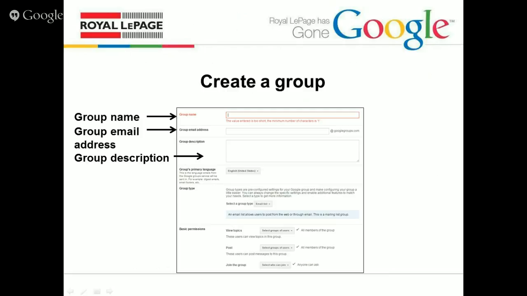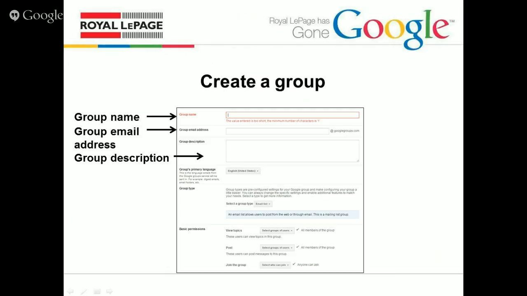Those groups are going to be created using the email that we have on file for agents, so whatever is currently displaying in their RLP network and royallepage.ca profiles. Those groups are coming sometime in the fall. So you're welcome to go and create your own, but these ones will be coming.